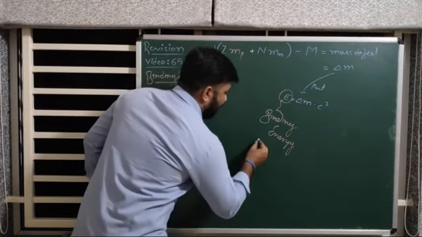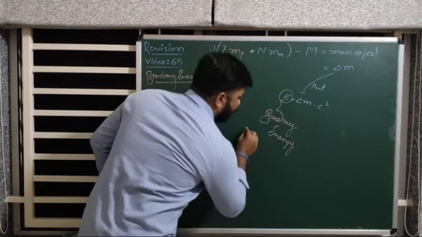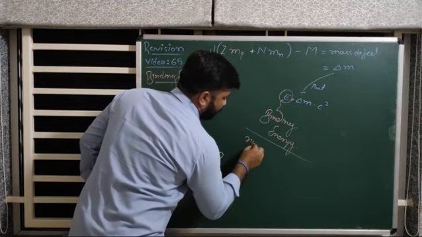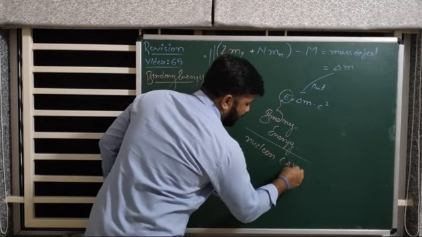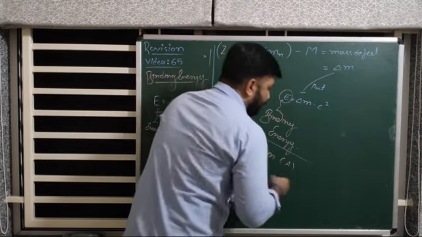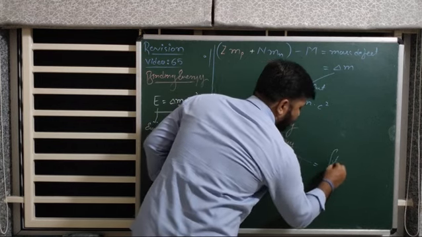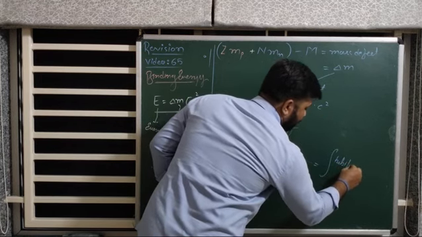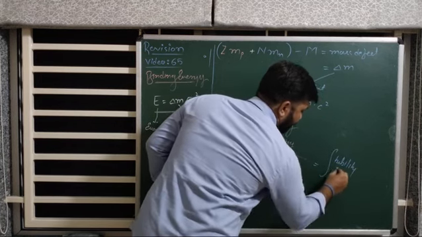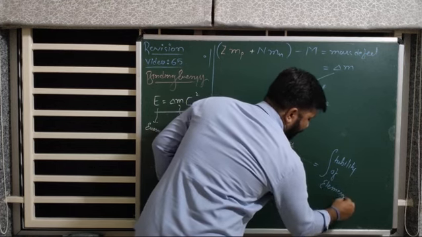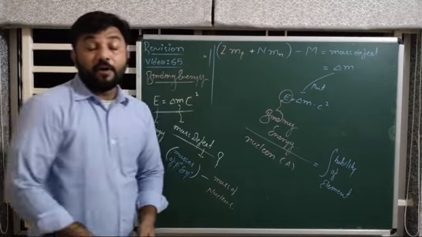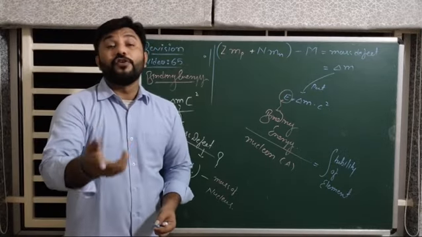One more thing, attached. If we are taking binding energy per nucleon, nucleon means atomic mass A. This binding energy per nucleon gives us the stability of the element, or you can say the stability of the atom, the stability of the nucleus.